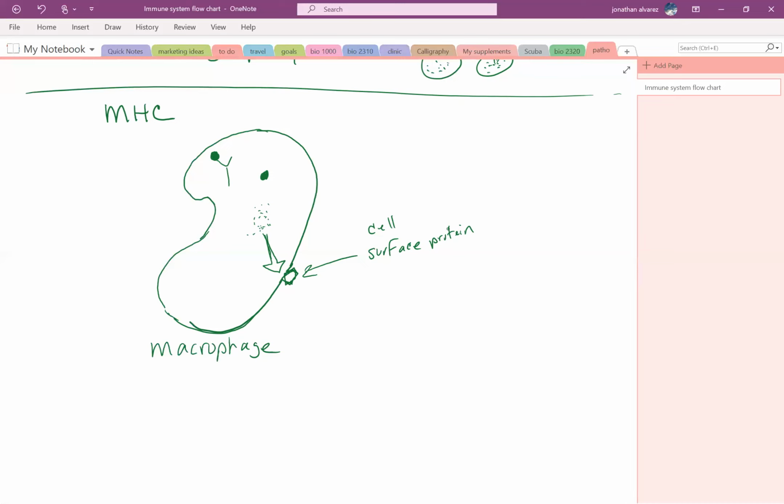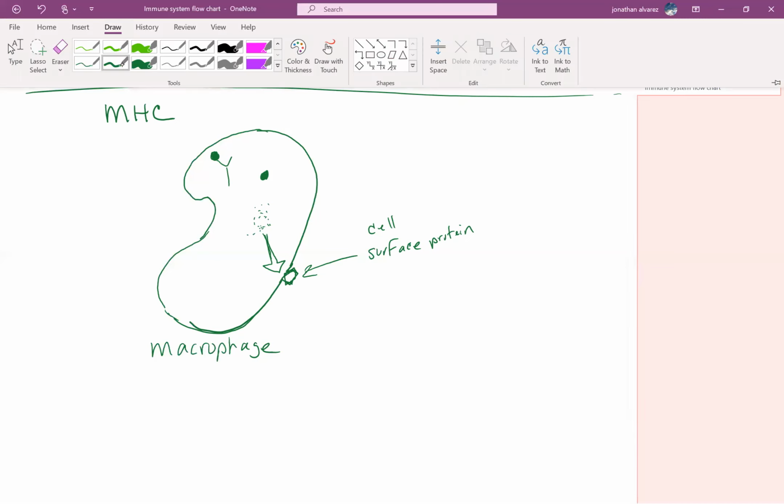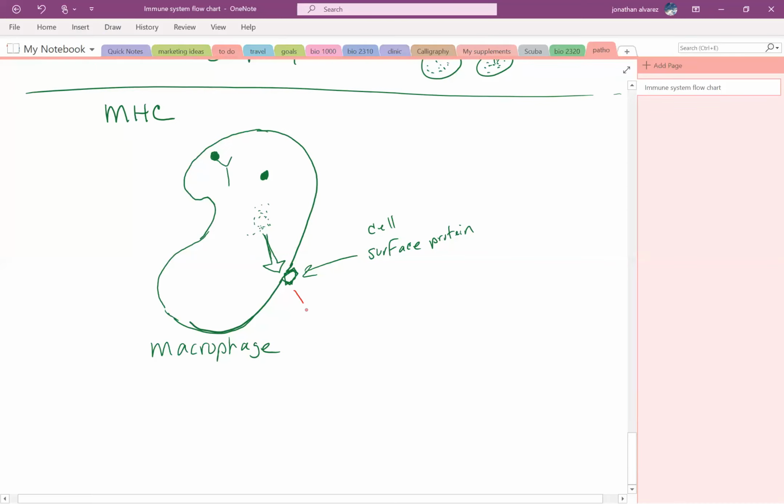When that happens, a signal is sent out, and what happens is the cytotoxic T cells come in.